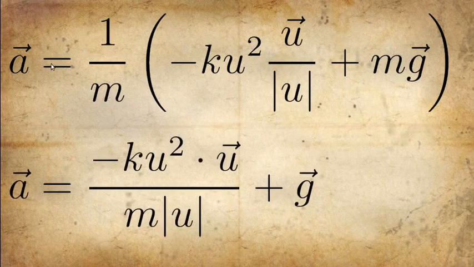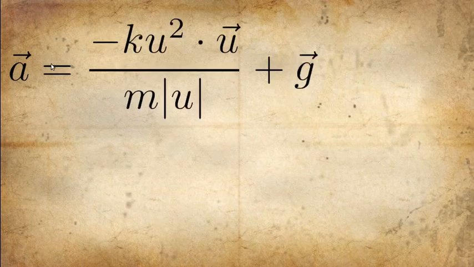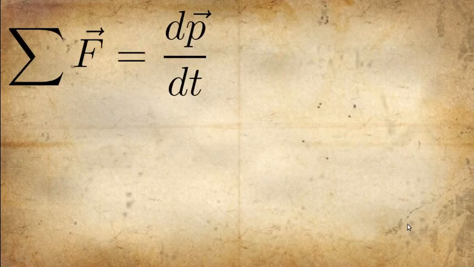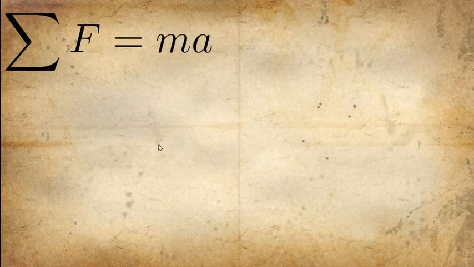So let's add to these 2 forces the third force, thrust. Again, we're taking every one of these forces and dividing by mass so that we have just the acceleration. So acceleration is thrust per mass plus drag per mass plus weight per mass. So what is thrust? Well, Newton's second law, as you usually see it, says the sum of the forces equals ma. But this is not exactly true, and it's not even what Newton wrote when he wrote the Principia.